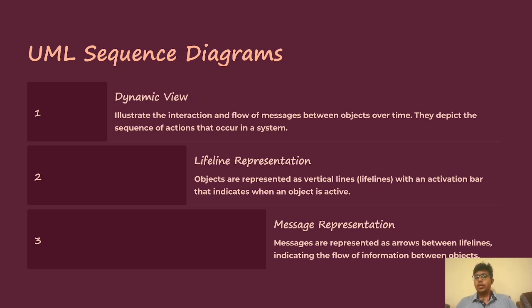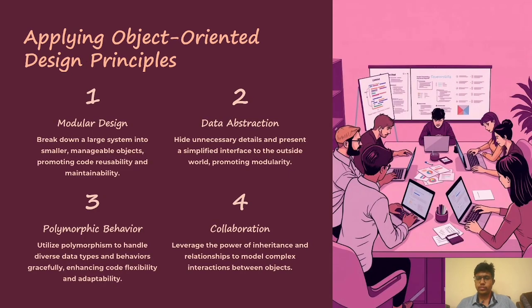Objects are represented as vertical lines with an activation bar that indicates when an object is active. Messages are represented as arrows between lifelines, indicating the flow of information between objects.